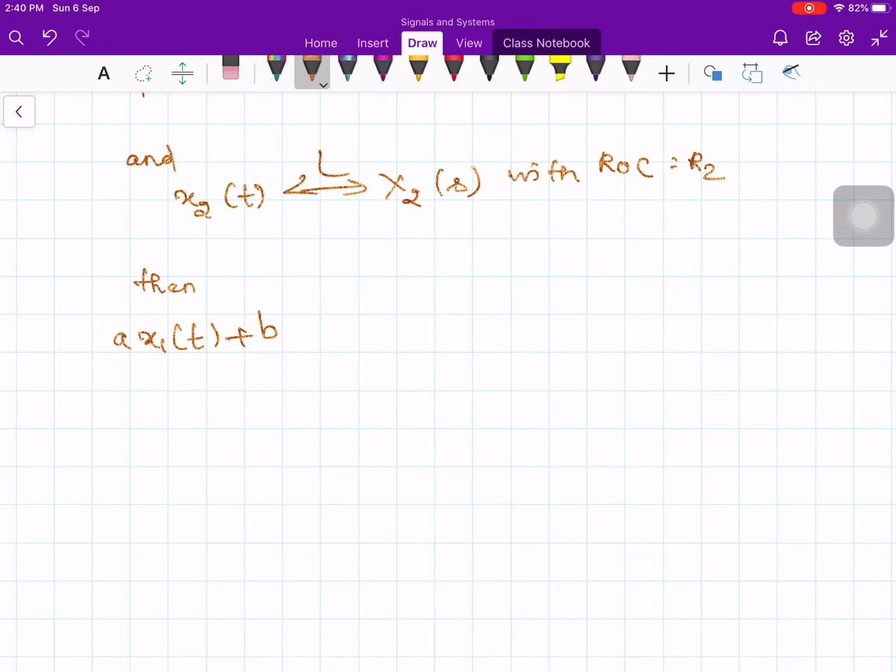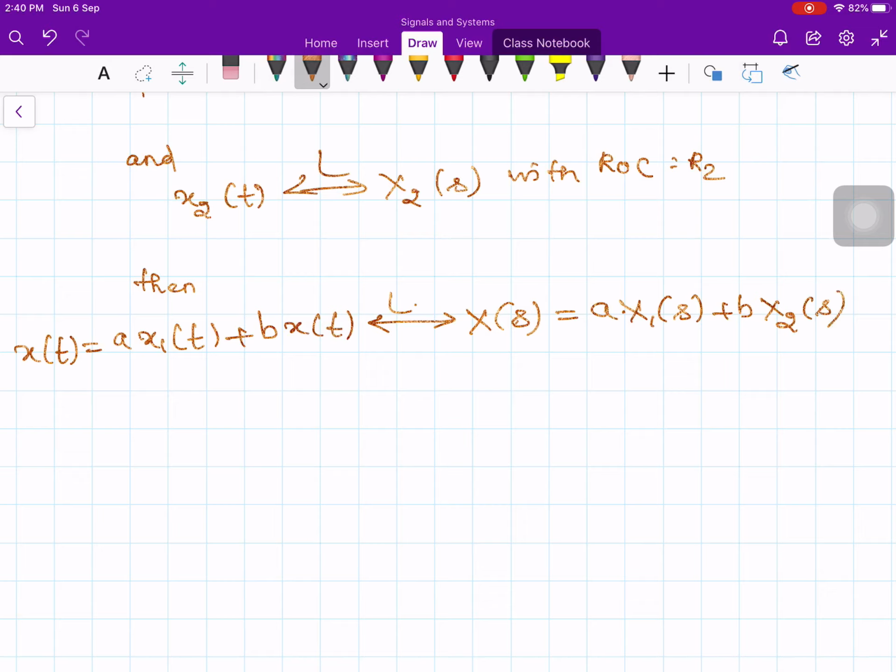Let me denote it x of t, with Laplace transform X of s. This will be the same scaling factor a times the corresponding Laplace transform X1 of s plus b times the corresponding Laplace transform X2 of s, but now with the ROC equal to R1 intersection R2.